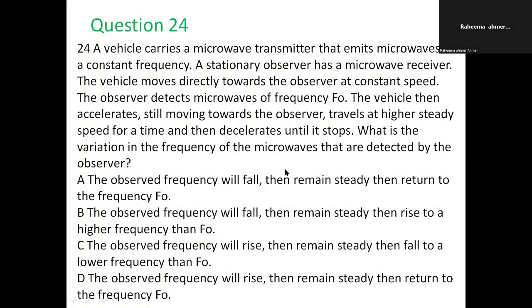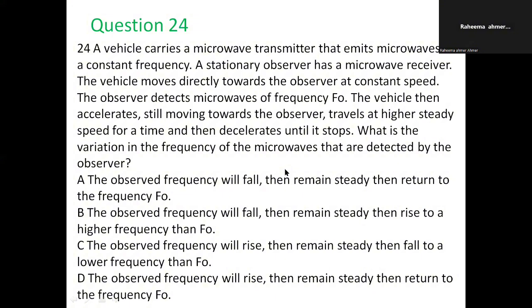And when the source is moving towards the observer, then the frequency detected would be higher than the frequency emitted by the transmitter, or whatever the source is. And when the source is moving away from the observer, then the frequency detected would be lower than the frequency emitted. So keeping this in mind, we will solve this question.